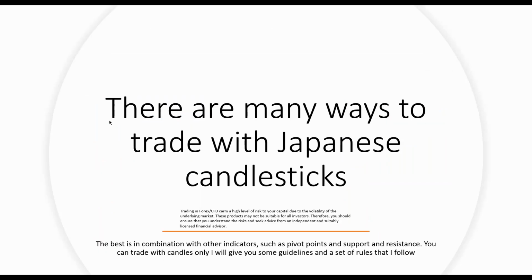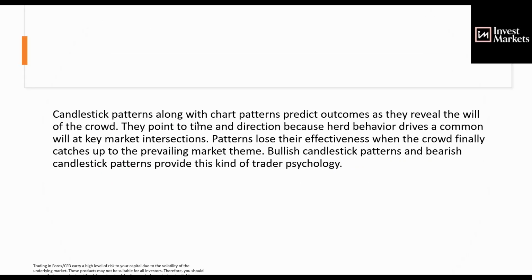So candlestick patterns along with chart patterns indicate outcomes that will reveal the will of the crowd. They point to time and direction because herd behavior drives a common will at key market intersections. Patterns lose their effectiveness when the crowd finally catches up to the prevailing market theme.